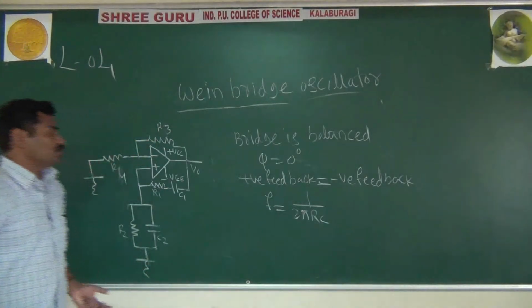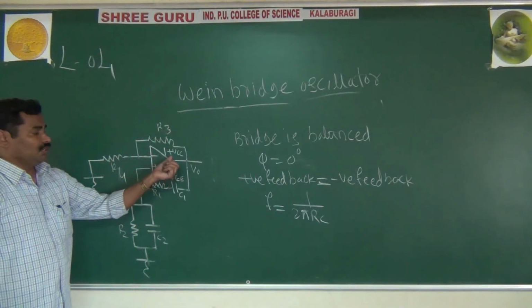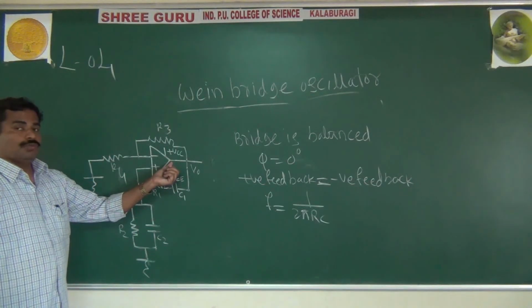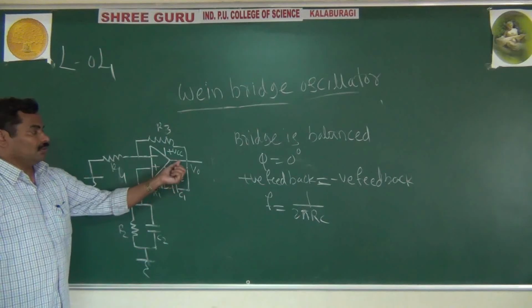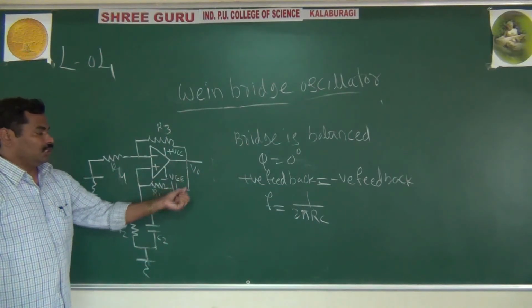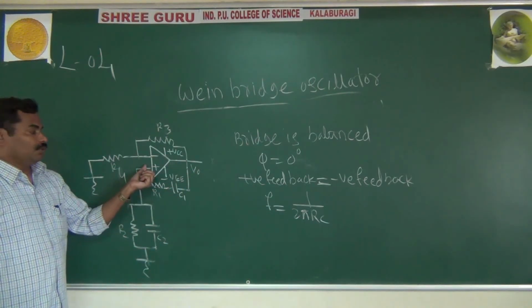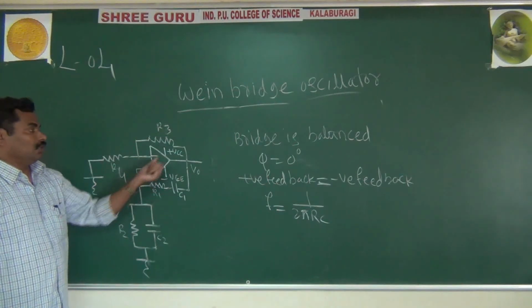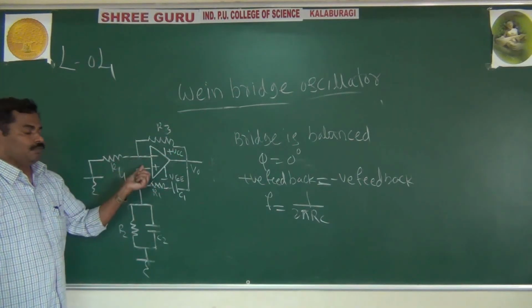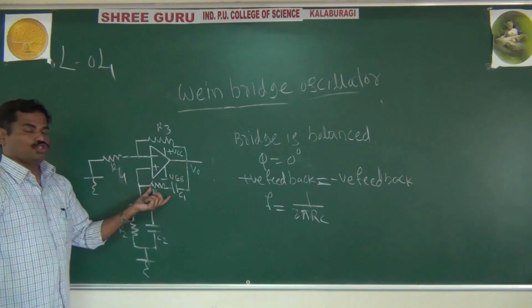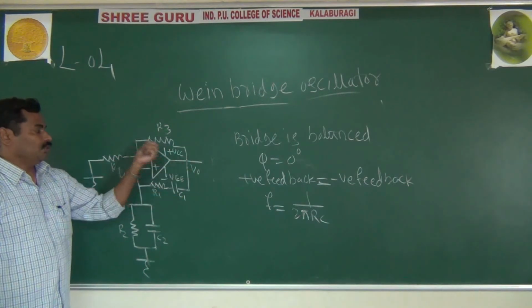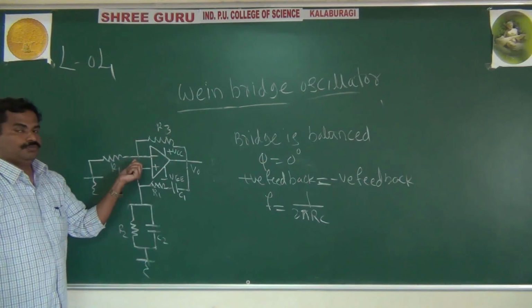Whenever the bridge is balanced, the output of the op-amp is given through two paths. One path goes to the non-inverting terminal, which acts as positive feedback, and the other goes to the inverting terminal, which acts as negative feedback.